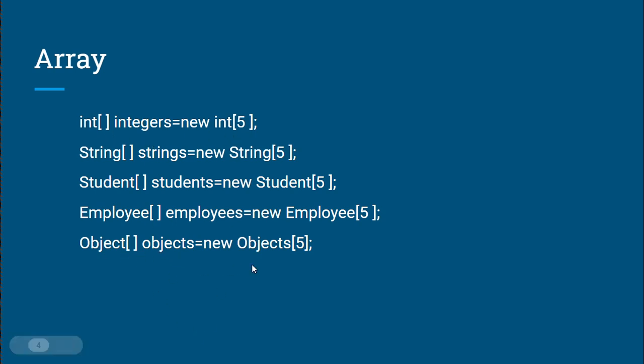But if you try to get the value, you have to remember their position also, where we have stored which data type value, so we have to remember that also in the Object data type.